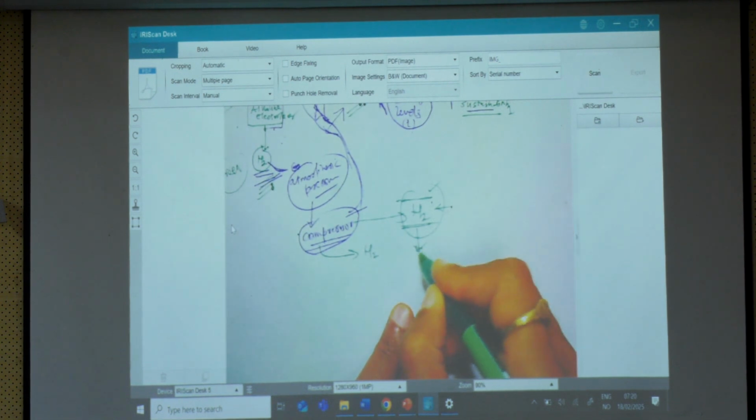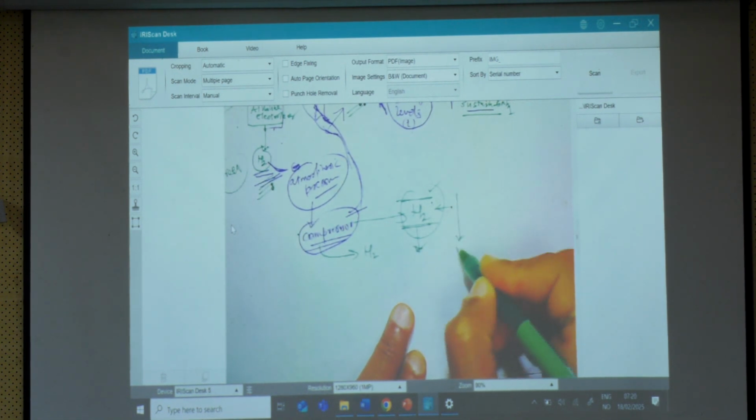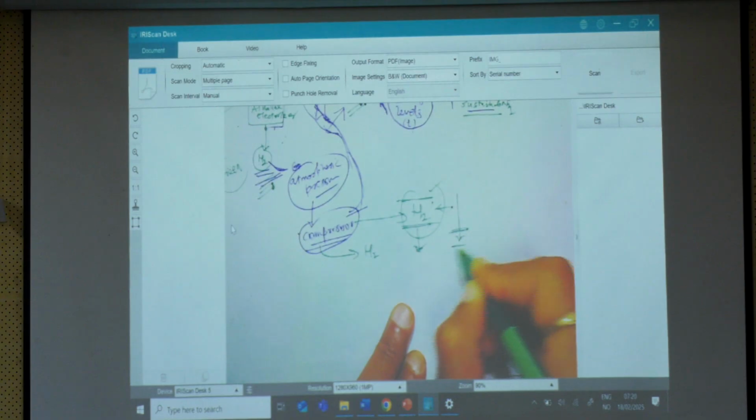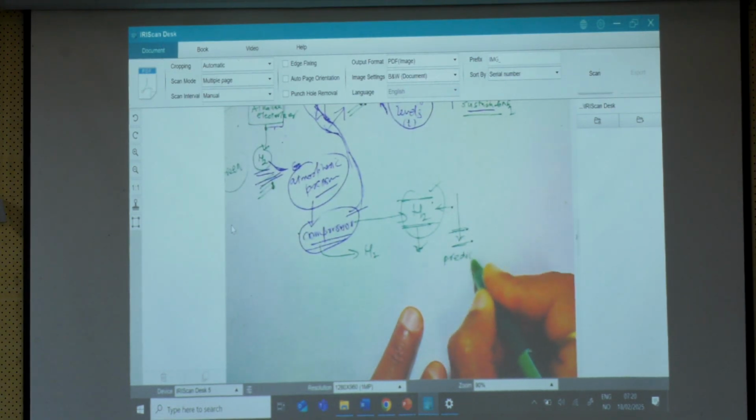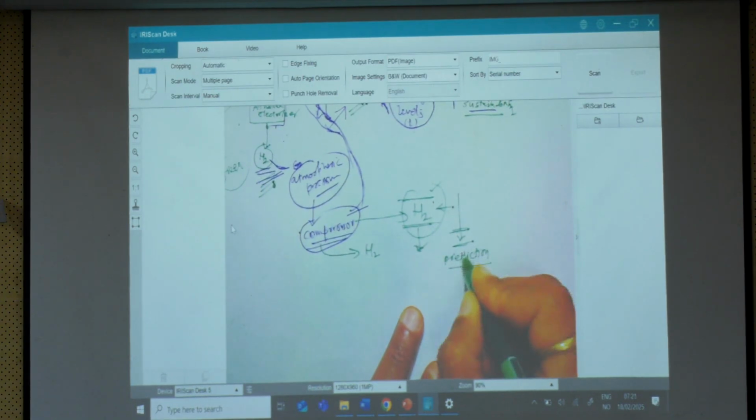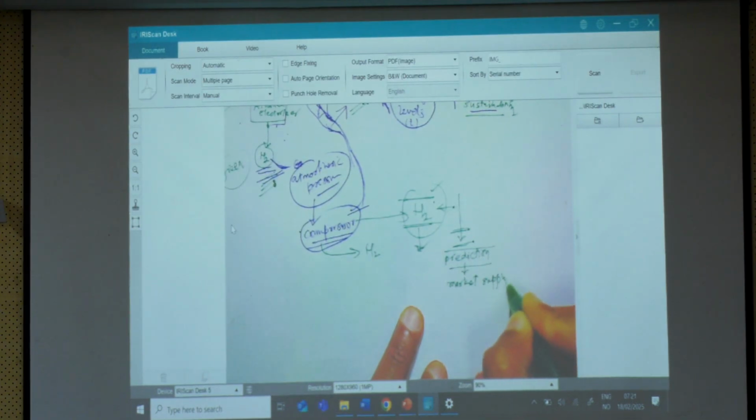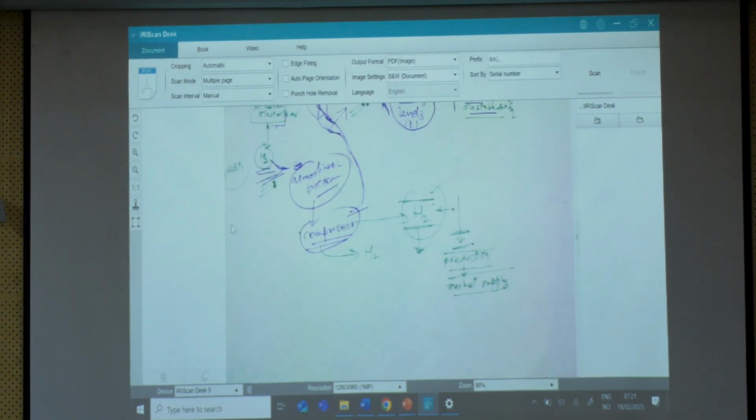Here this hydrogen production prediction is going to be very important from the market supply point of view, because we have to see how this hydrogen is going to be supplied to the market, at what rate and at what time.